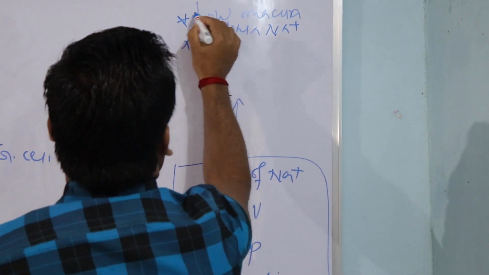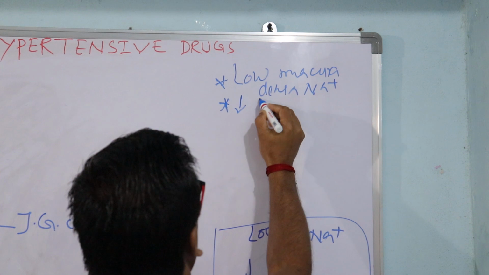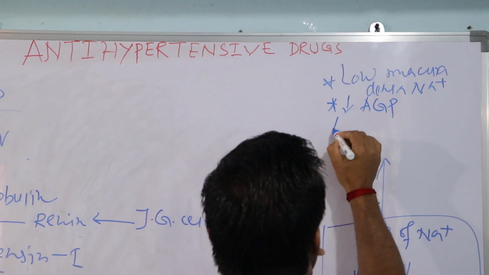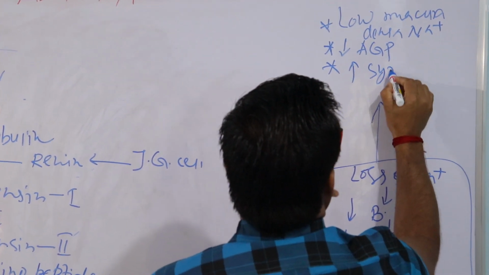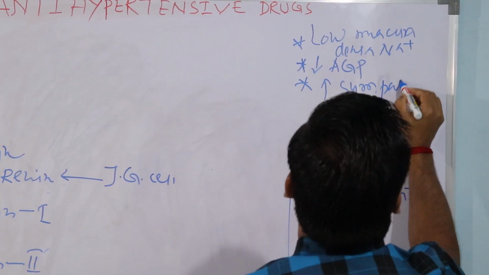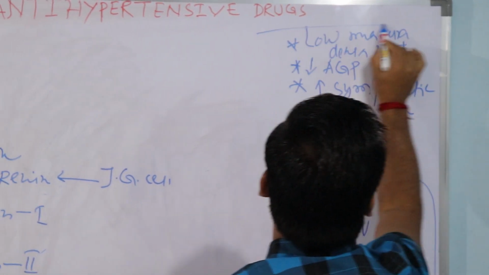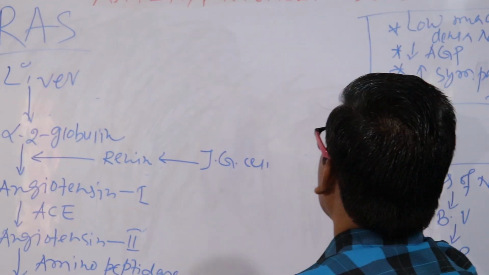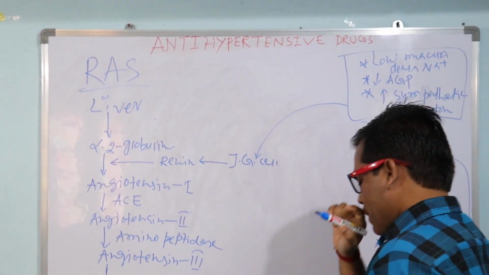Then it will ultimately decrease afferent glomerular pressure, which leads to increased sympathetic tone. So these factors stimulate the juxtaglomerular cell to release the renin.